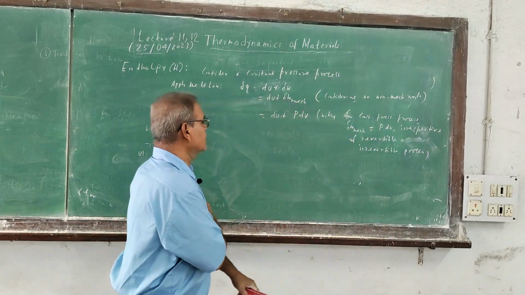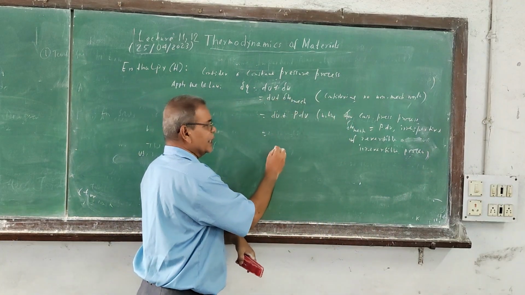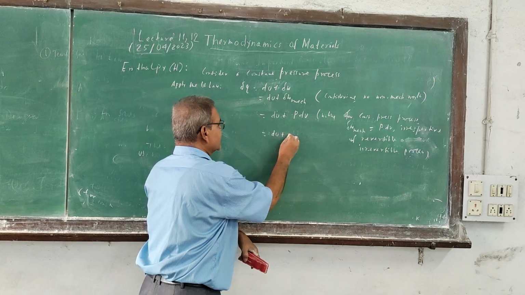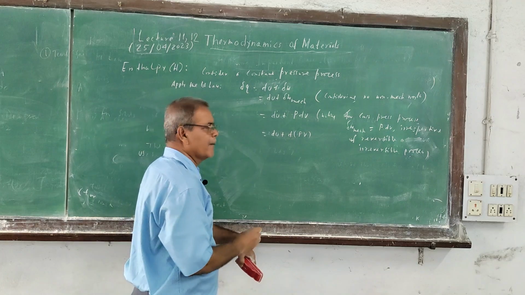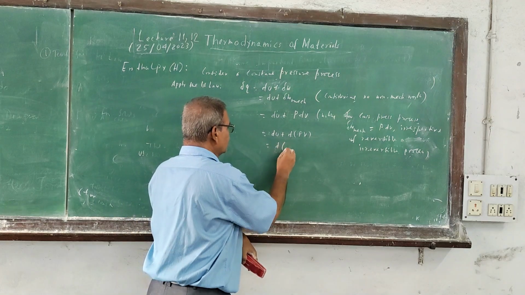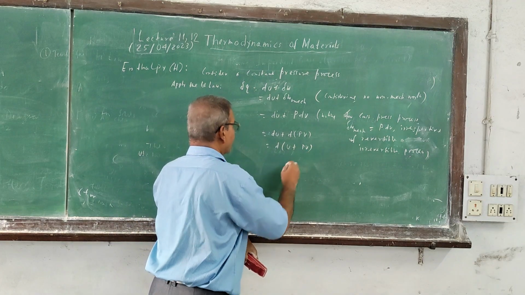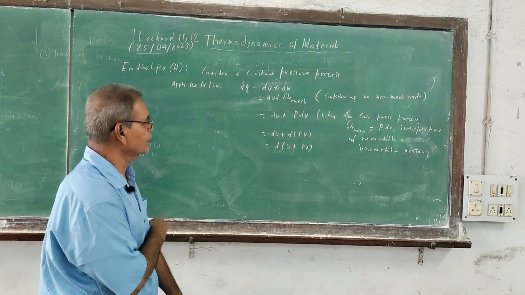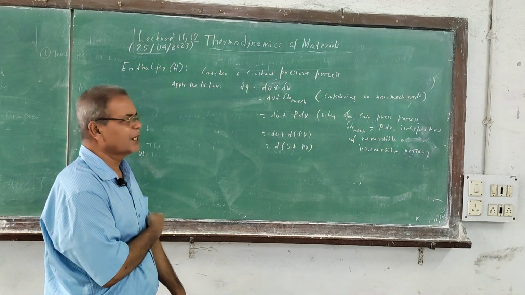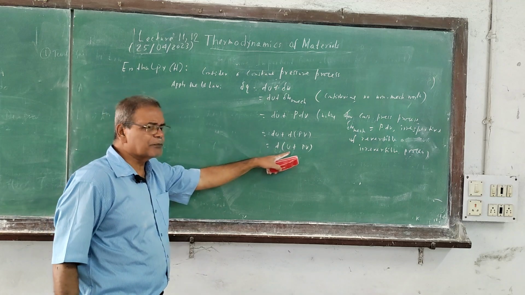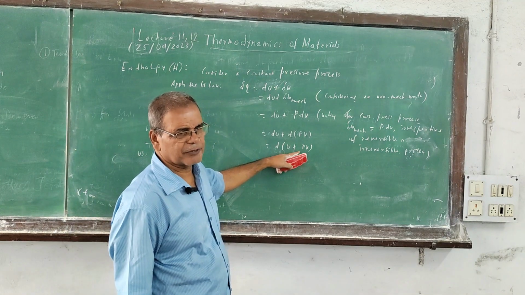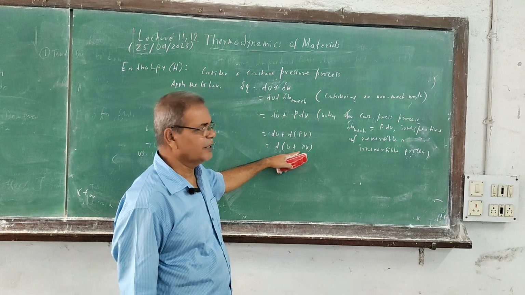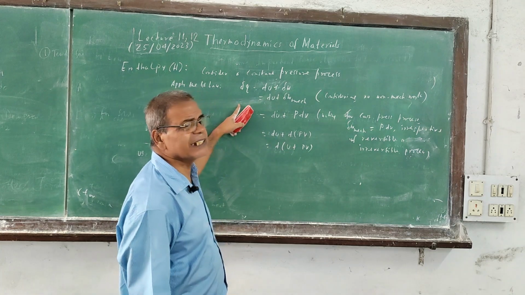Okay, good, very good. So what is this then? Can I write dU plus d(PV)? Math is dU plus PV. So what you see, this U plus PV is a term, the combination of terms, so that its change is equal to heat interaction.